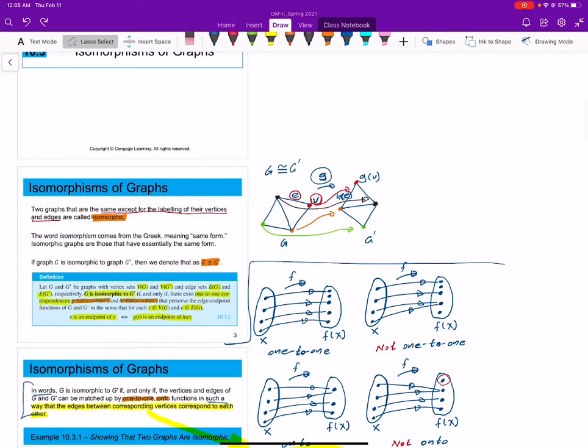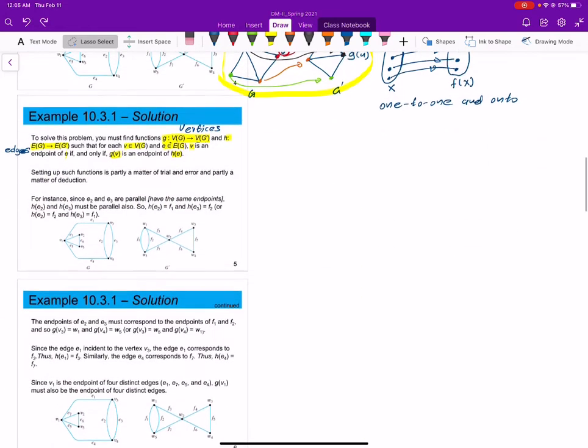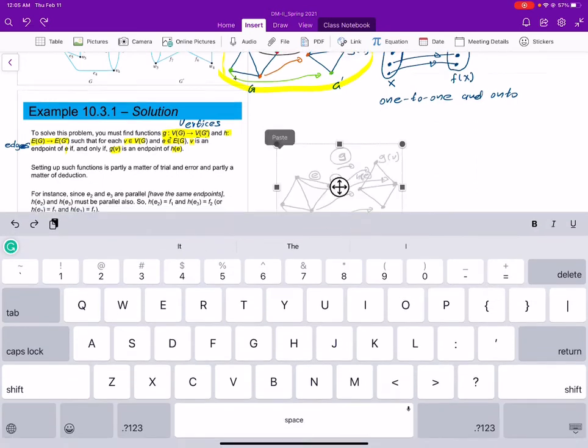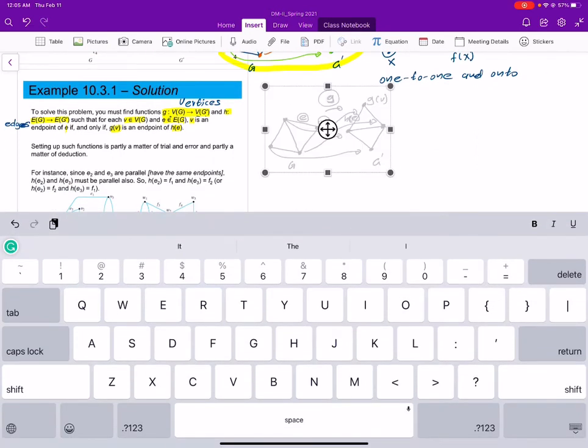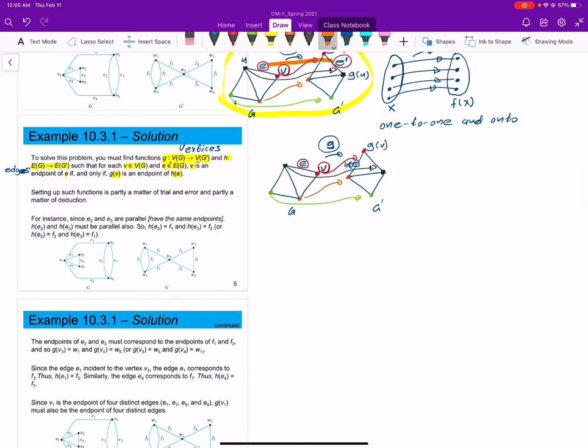Let me copy this. Okay, that is explained right here.